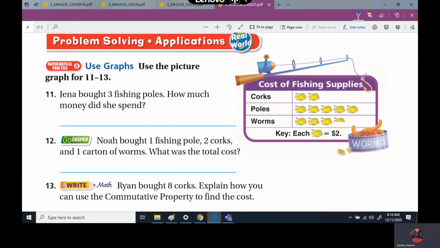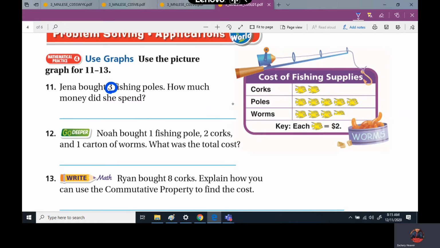Oh, we can use this graph. We're good at this. So each fish stands for $2. Jenna bought 3 fishing poles. How much money did she spend? Hold on. So if Jenna bought 3 fishing poles, how much money did she spend?